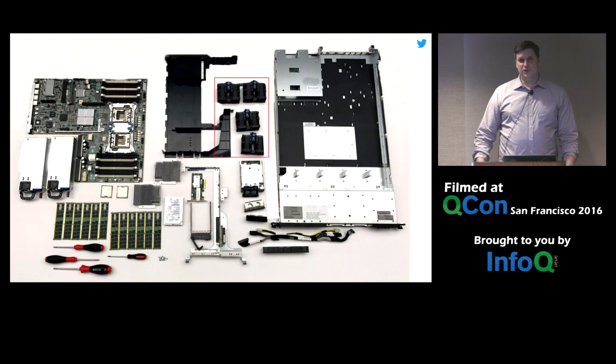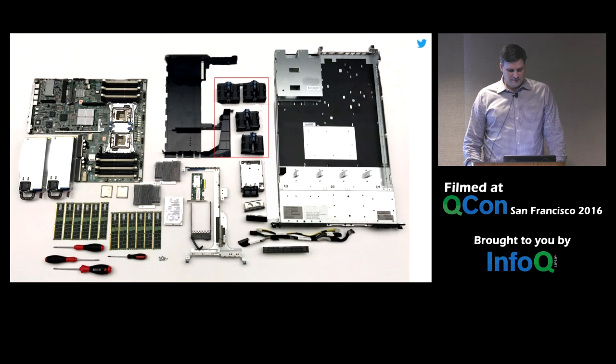Each one of those fans can draw 10 watts of power. If you are spending 160 watts pulling air through that server, that's as much power as you probably were putting into the CPUs. That almost drops how many CPUs you can get into the rack by 30–40%. And it costs you money every year that server's running. So we're going to end up getting rid of those.